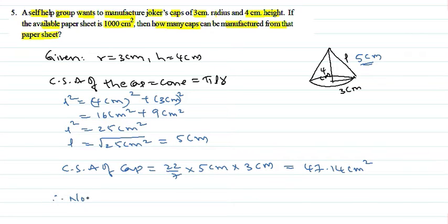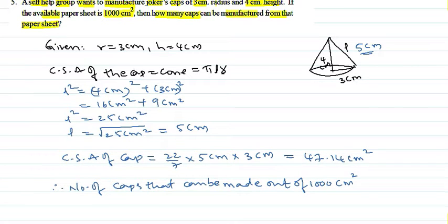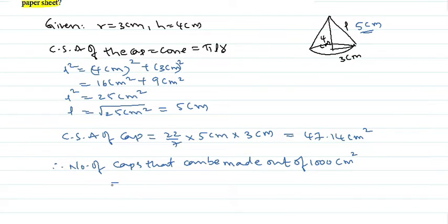Therefore number of caps that can be made out of 1000 centimeter square is equal to 1000 by 47.14 centimeter square by centimeter square.